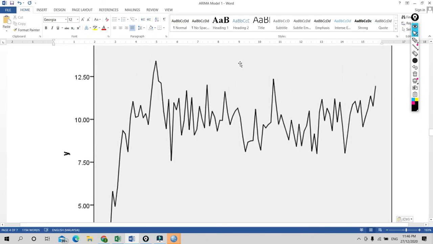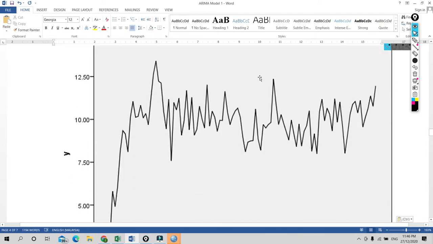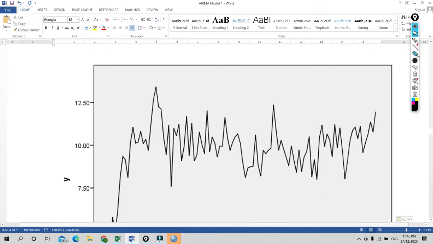You can find that there is a sort of upward trend here. But we do not confirm yet. We cannot confirm yet until we run the ARIMA model. So we assume that there is a trend here.